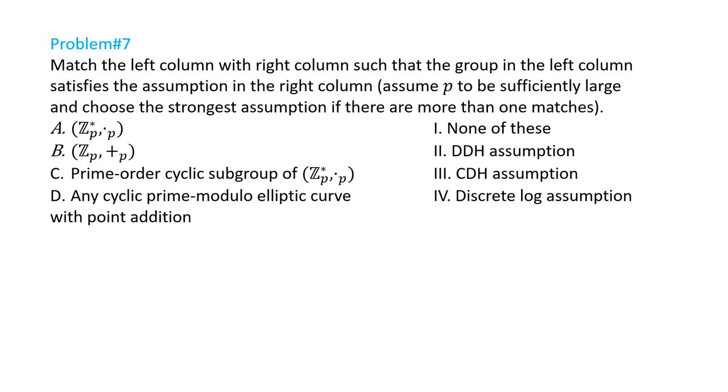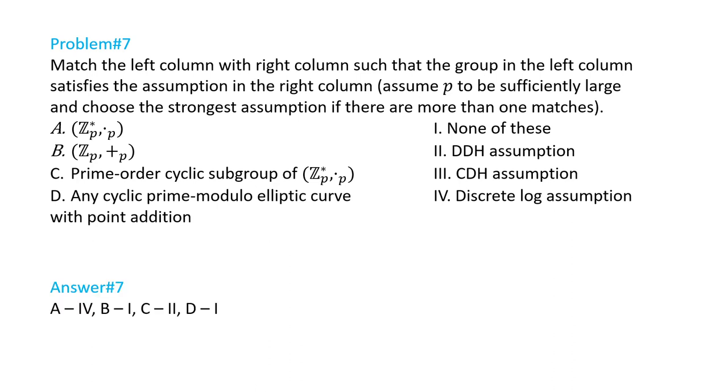Although these elliptic curves are prime modulo and cyclic and all, they still cannot be used because their DDH is broken. Examples are given in the lectures, we will come to that. So the word any actually makes the statement invalid, and we cannot say any cyclic prime modulo elliptic curve with point addition holds these assumptions true.